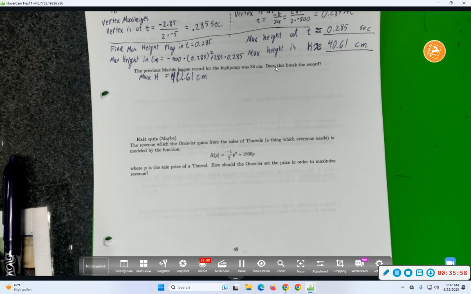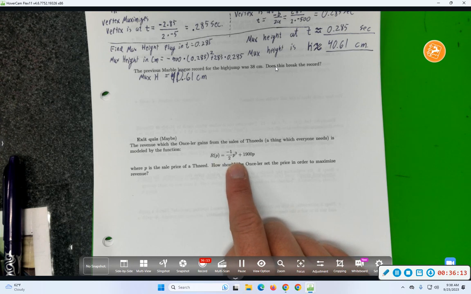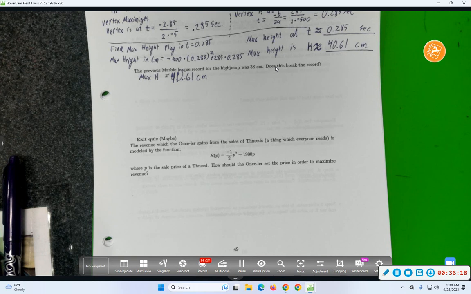The revenue which the company gains from sale of needs, which is of course a thing that everyone needs, is modeled by the following function. The revenue at price P is equal to negative 1/2 P squared plus 1900 P. I have intentionally not included any units because in the source material from which this idea is coming, no currency is specified.